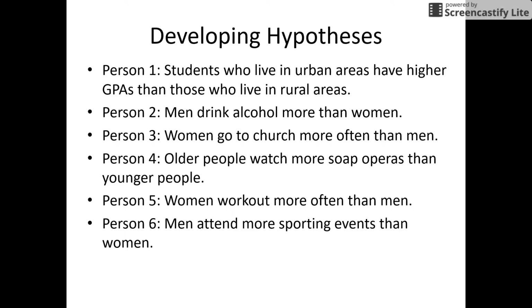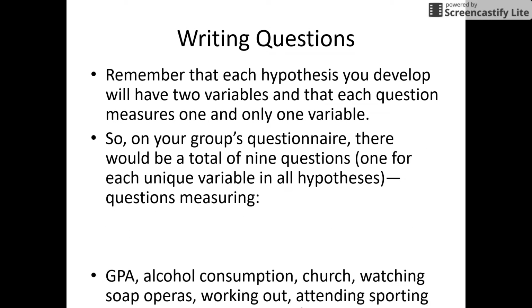If everyone has a unique independent variable, then there's 12. In that case, it would be more work, but I've taught this class for 15 years, and I can't recall ever a time where each person had a unique independent variable. So 1 question per unique variable in your hypotheses.